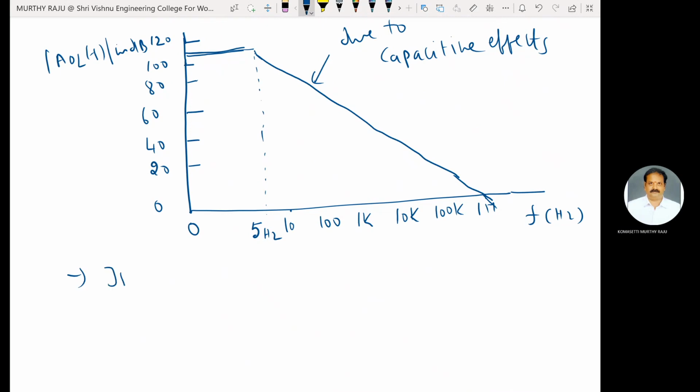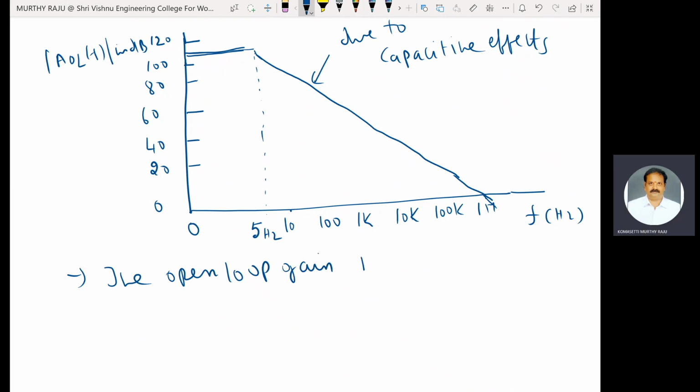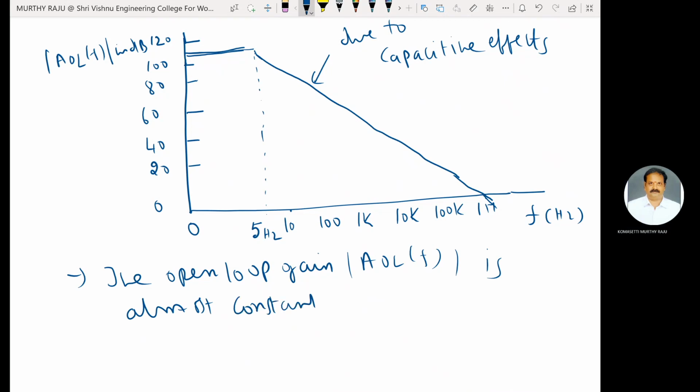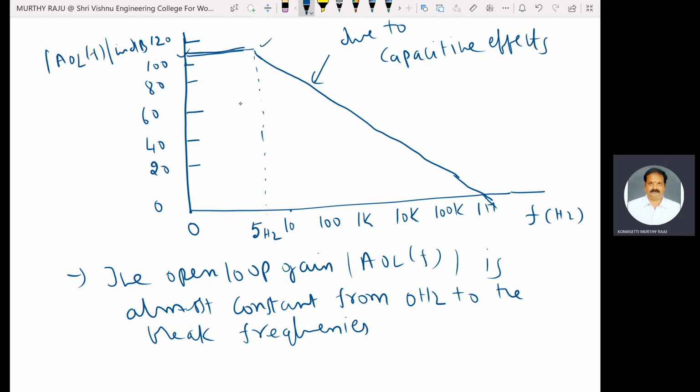First, the open loop gain AOL of f is almost constant from 0 Hz to the break frequency. From 0 Hz to this break frequency 5 Hz, the open loop gain AOL of f function is almost constant.